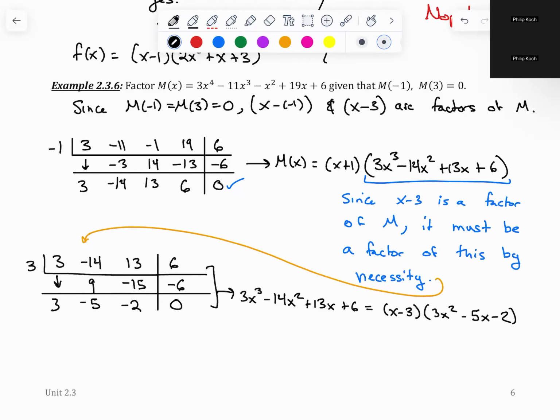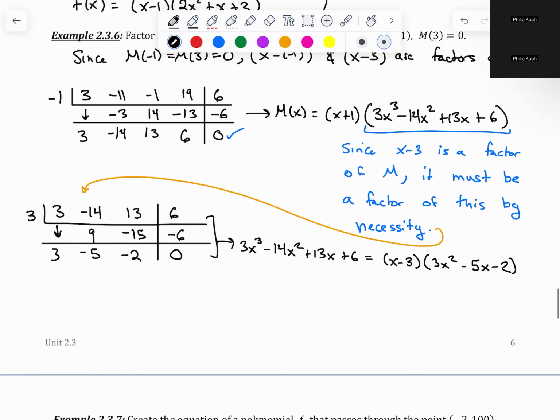Any questions on that? So once again, because we did synthetic division on that cubic that's underlined in blue, we now know that cubic is broken down into x minus 3 and 3x squared minus 5x minus 2. So we can rewrite m above. M of x is therefore x plus 1, which we had from the beginning.